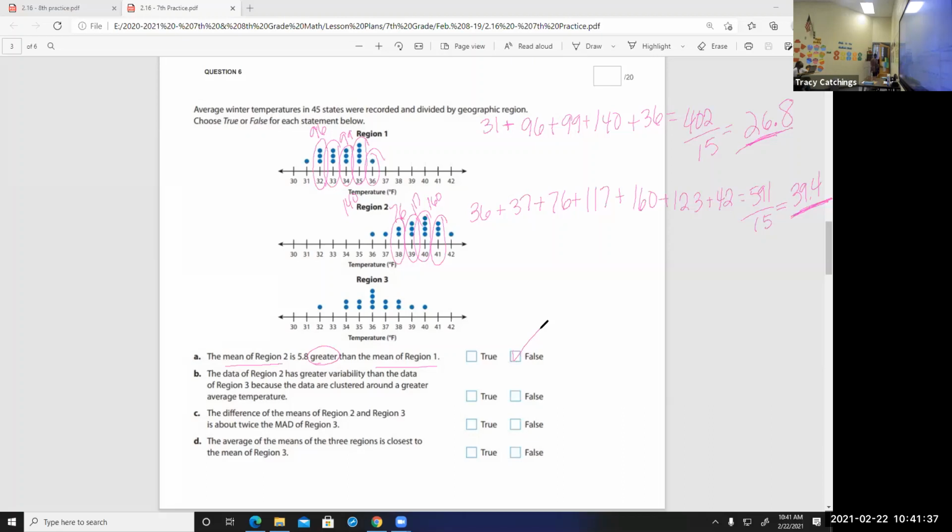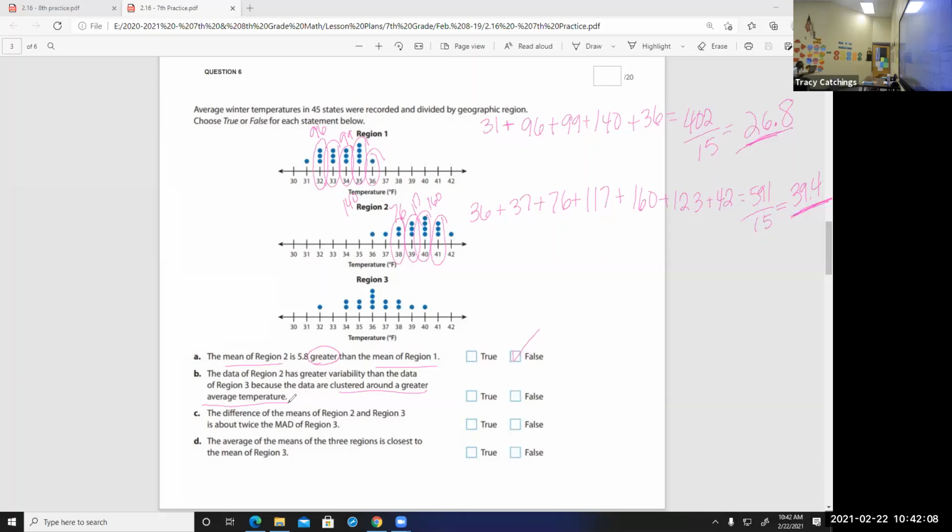They said because the data are clustered around a greater average temperature, region 2 has greater variability than region 3. Which has more variety of numbers? 2 or 3?